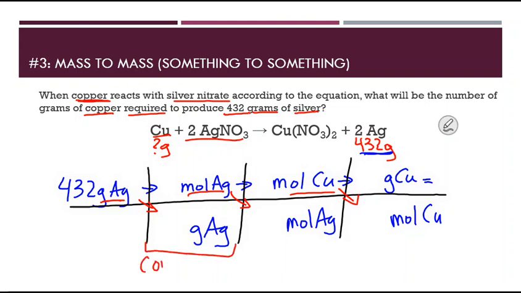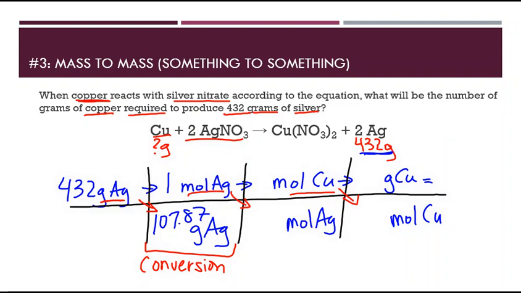We are just going from grams to moles using our mole map and the periodic table. So 1 mole of silver, we look at our periodic table, is going to be 107.87. All you have to do is have that periodic table out to reference.